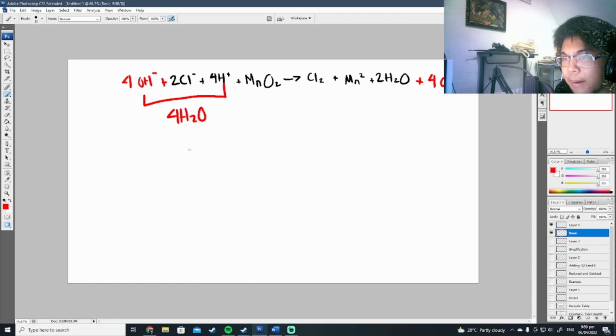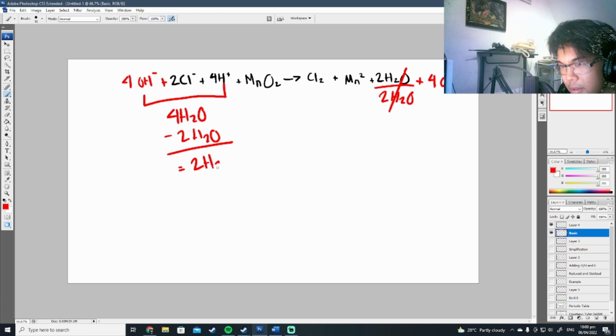They are both the same compound, meaning to say that we can combine them together, or at least cancel out this one. Minus 2H2O equals 2H2O on this side. But this cancels out.